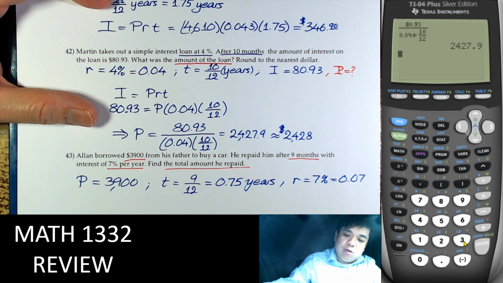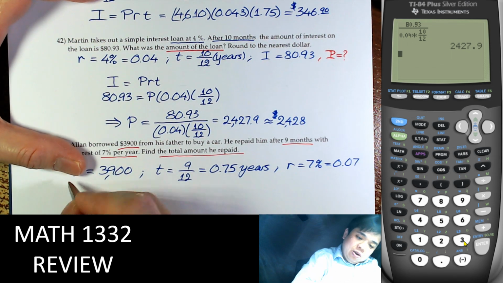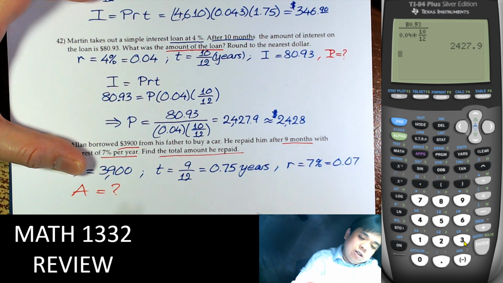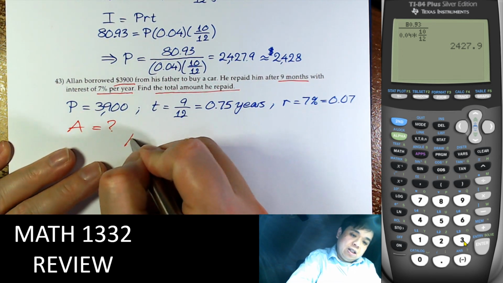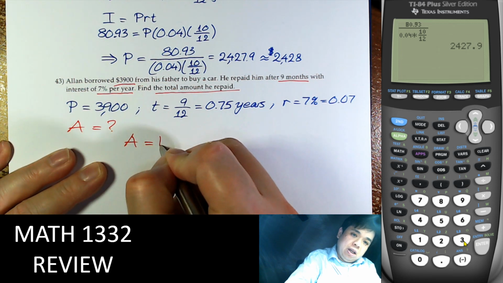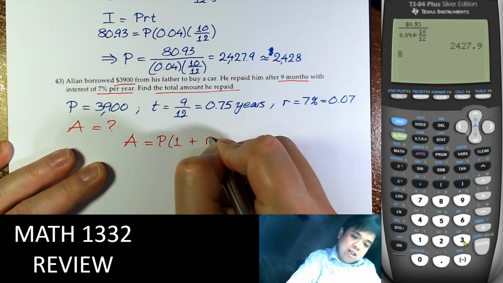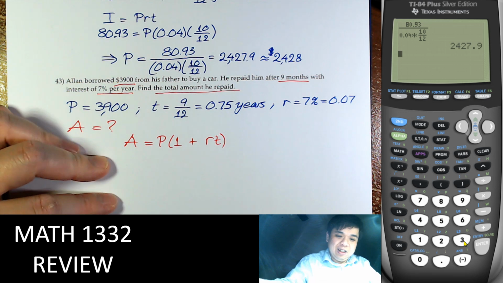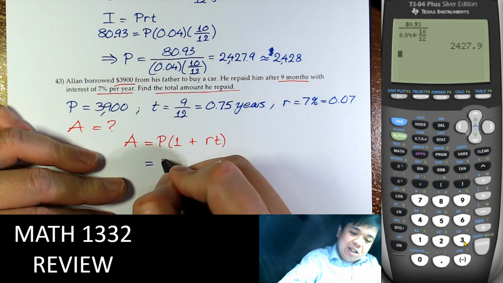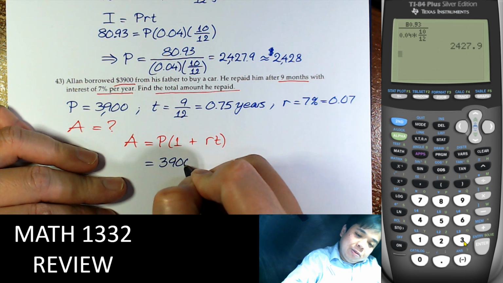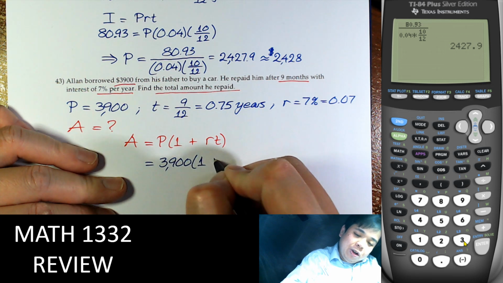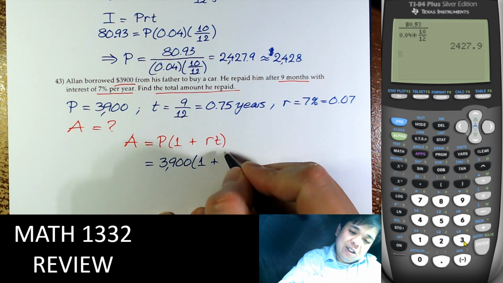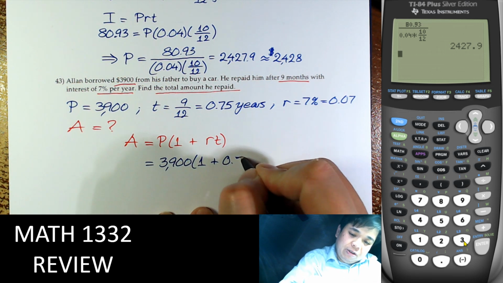The total amount we pay. So A is equal to what? So in the formula, A is equal to P times 1 plus RT. So P is 3,900, and the time 0.75.